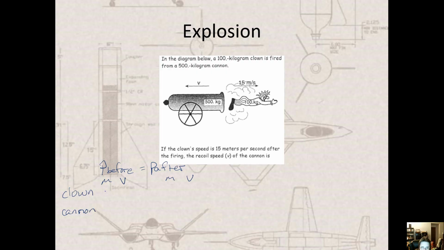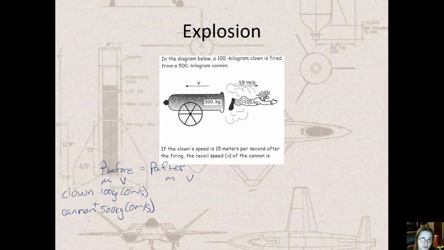We know that the mass of the clown is 100 kilograms. The velocity of the clown before is 0 meters per second. We add this to the mass of the cannon, which is 500 kilograms, and it's also going at 0 meters per second to start. They're together. So the clown is inside the cannon, so they act as one thing.